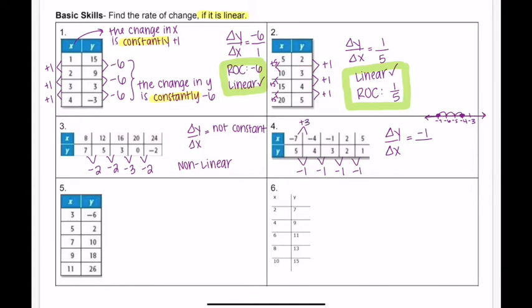Then from -4 to -1 is +3. -1 to 2, +3. And 2 to 5 is +3. So that is a constant change of +3. Since this was constant for y and x, that makes this linear. And the rate of change is -1/3.